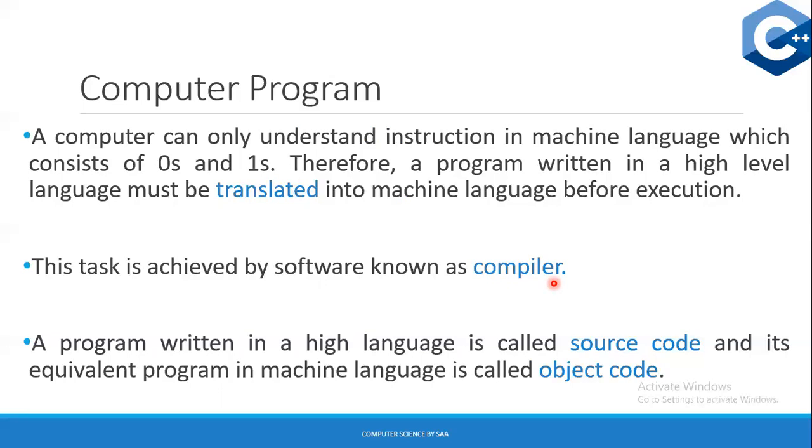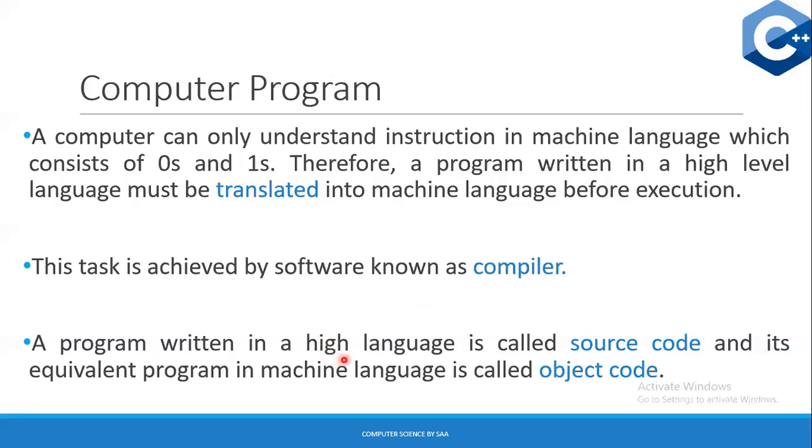I will communicate my message to that translator, and that translator will translate my message from English into Chinese. It is just like that. A compiler simply translates high-level language into low-level language so that the computer can understand our program.